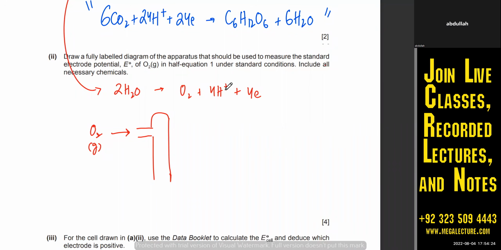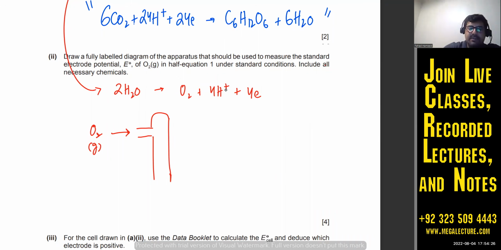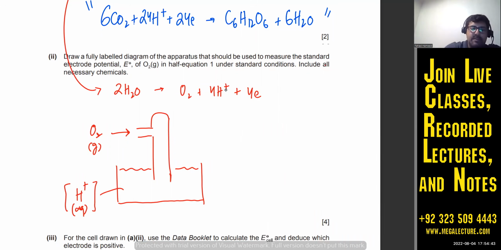Where will the H+ ions be? The H+ ions will be added into the solution. So you'll have a beaker, and in that beaker you'll have H+ ions, and they're going to be aqueous, and their concentration is going to be 1 mole per dm cube. You're going to mention that.